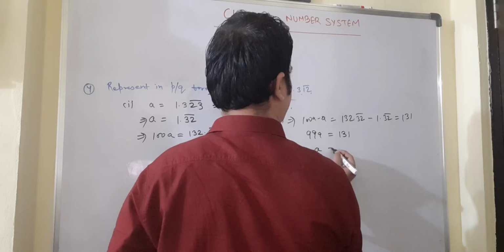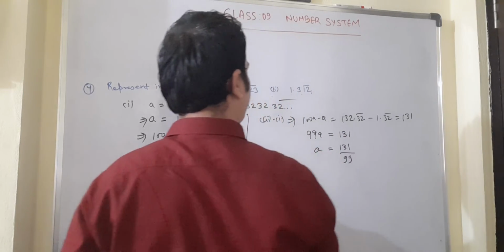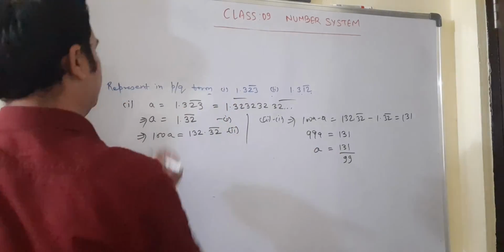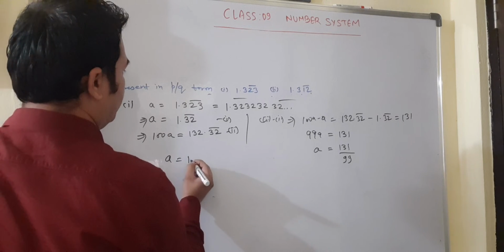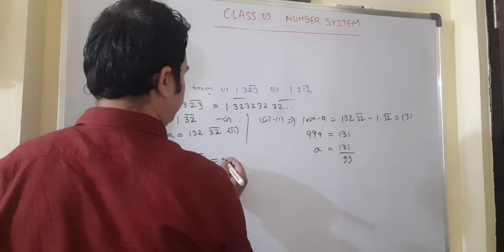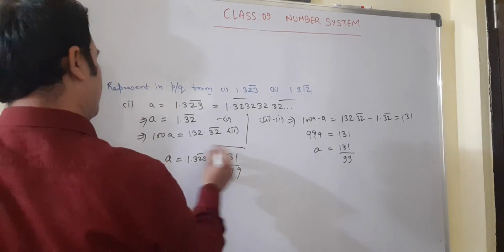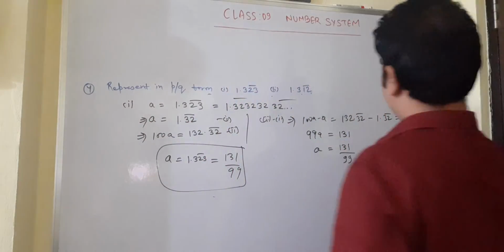So the value of A equals 131 by 99, by transposing 99 to the opposite side. So A is our original number which we desired, 1.323 bar, this is equal to 131 by 99. So this way you can convert it into the form of p by q.